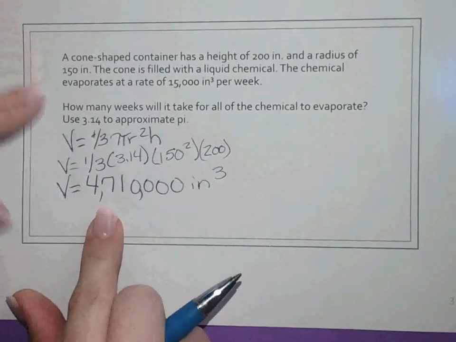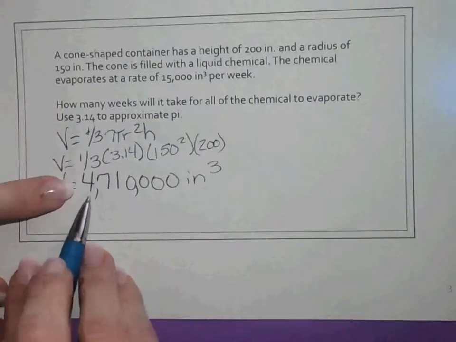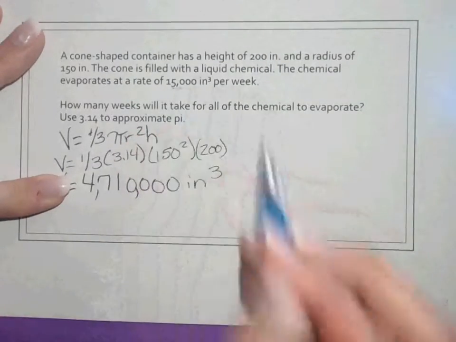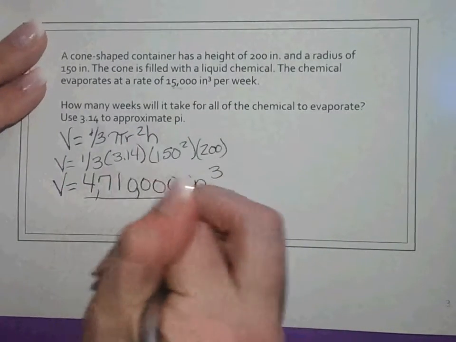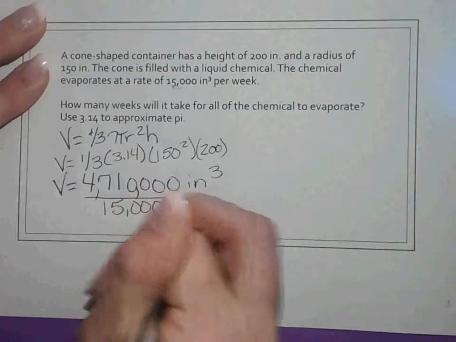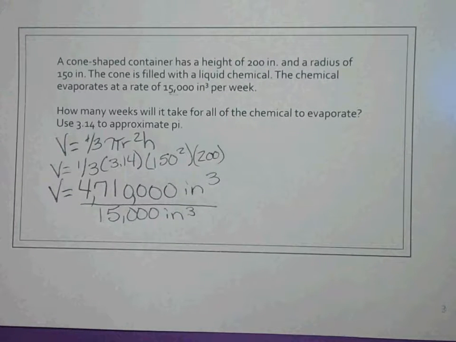Now we're not done because our question says how many weeks will it take. So I want to know how many times I'm going to have to take out 15,000. So I'm actually going to take this number and divide it by 15,000 inches cubed.